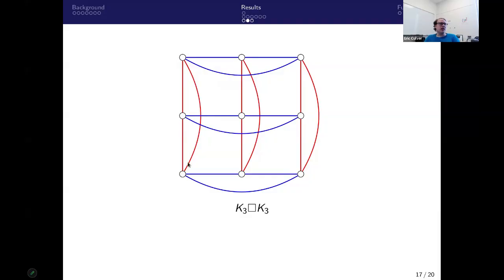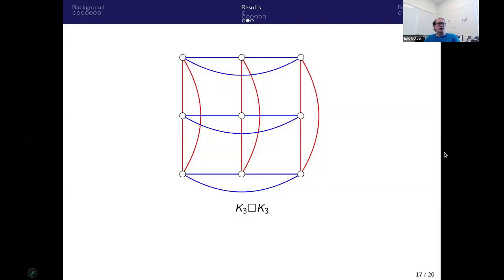So here's the coloring. In the red columns here, we have K3s going one way, and then in the blue rows, we have K3s going the other way. And every vertex is touching exactly 2, one going one way in the rows and one going the other way in the columns.